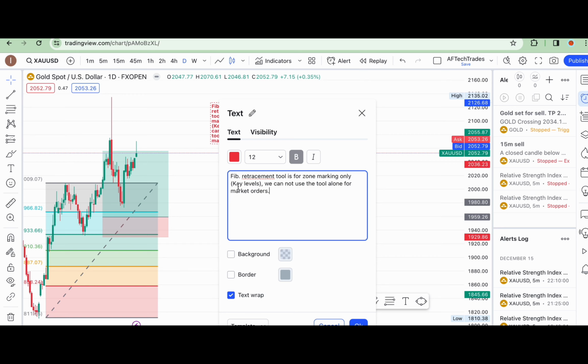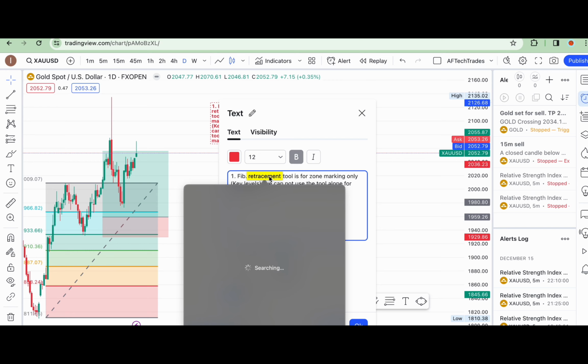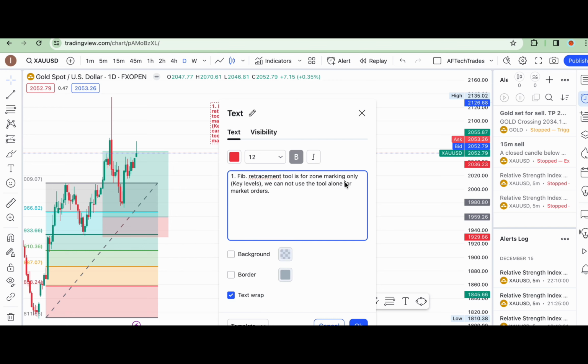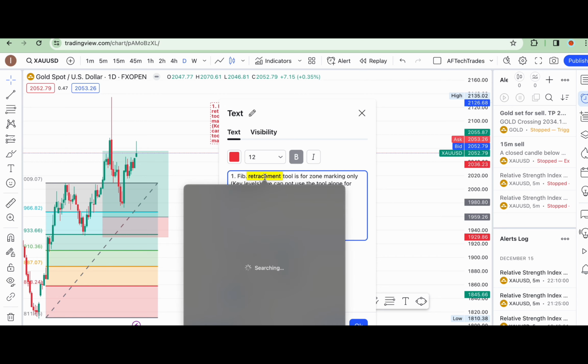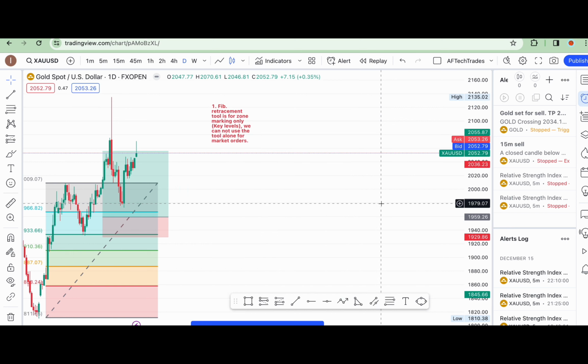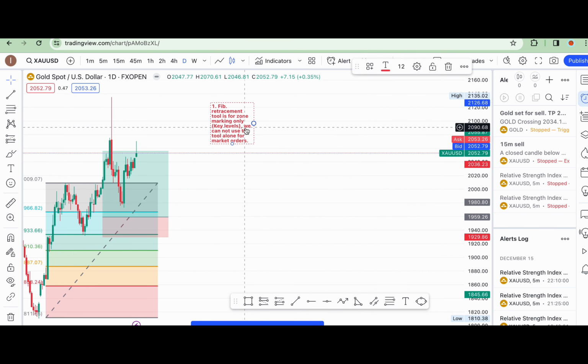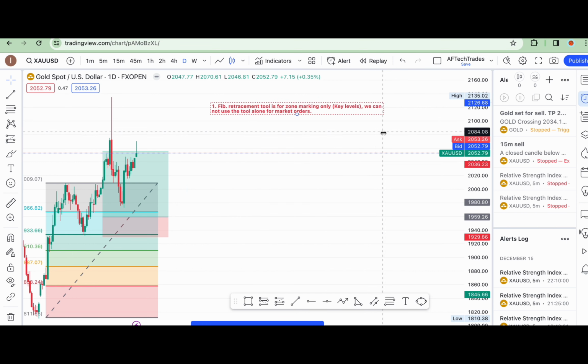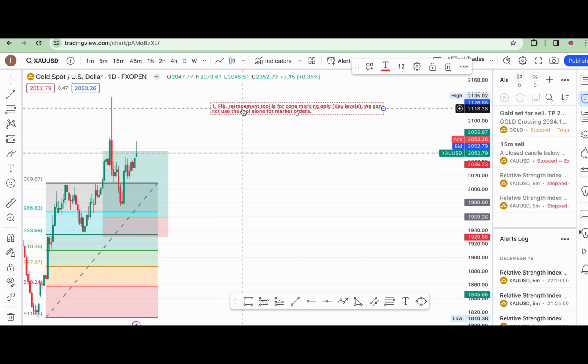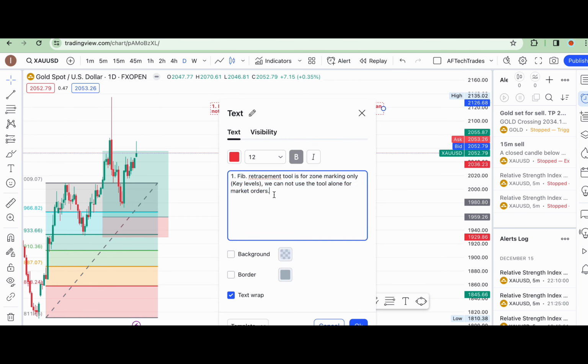Okay, this is one. This is very key. Note that our Fibonacci retracement tool is for us to use to get our key levels in the trade only. Okay, let me continue here.